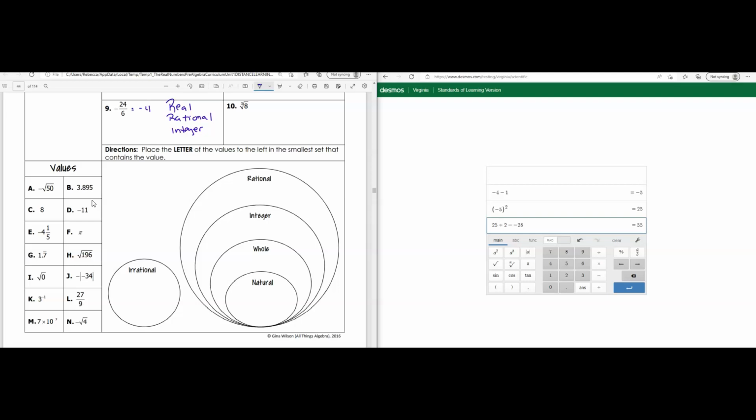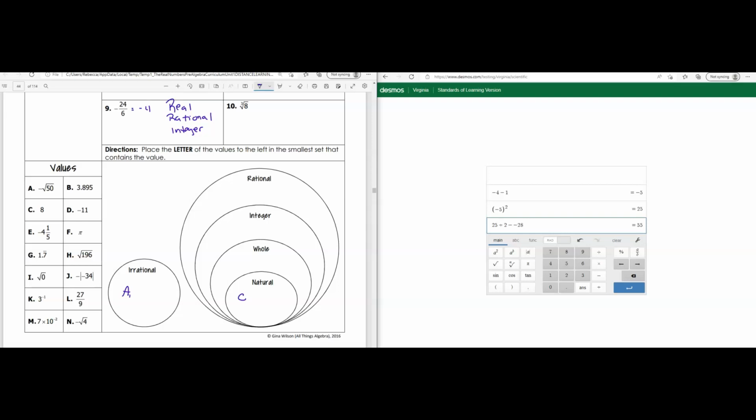It is irrational. So I'm going to write the letter A here. For C, we're given the number 8. 8 is a rational number. It's also an integer. It's also a whole number. It's also a natural number. So the smallest group that this could belong to is natural.